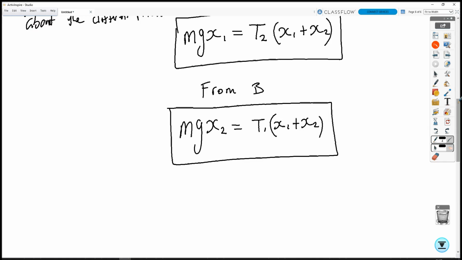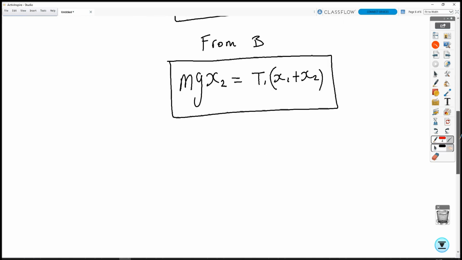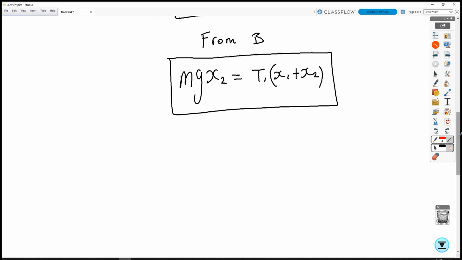So let's start putting our values in. So I'll do the moments from A and B. From A, we had mg x1. M was 50 kg. G, I'm going to use 10 because I'm lazy. So I'm going to do 50 times 10 times x1, which was 2 meters.